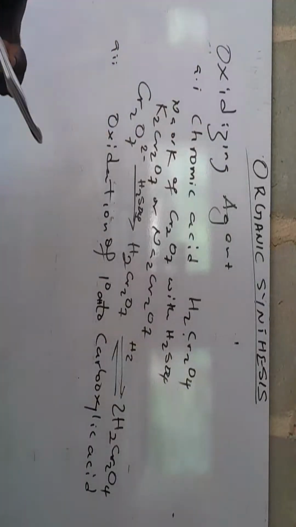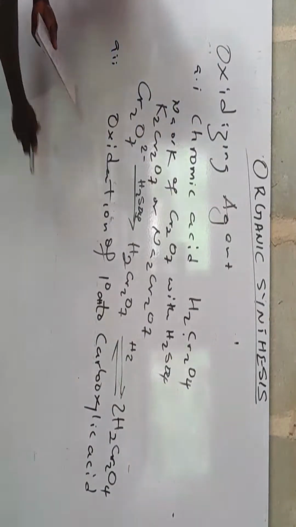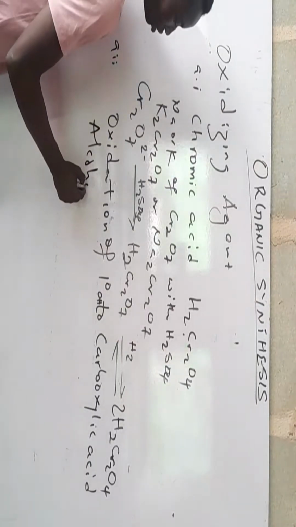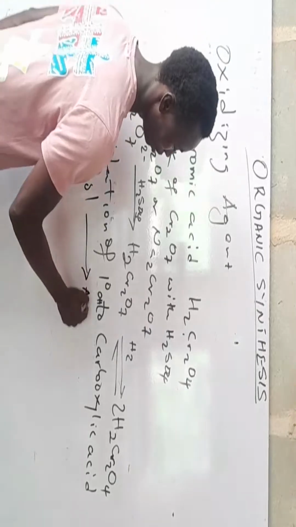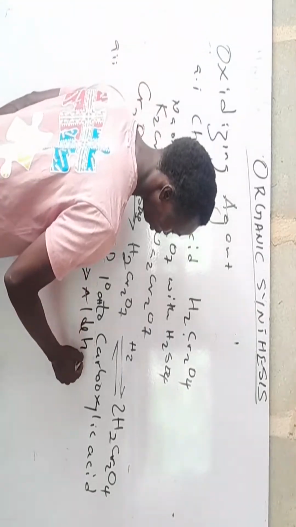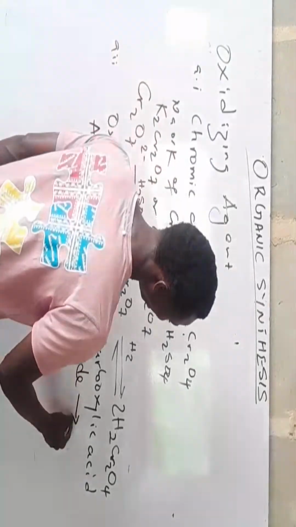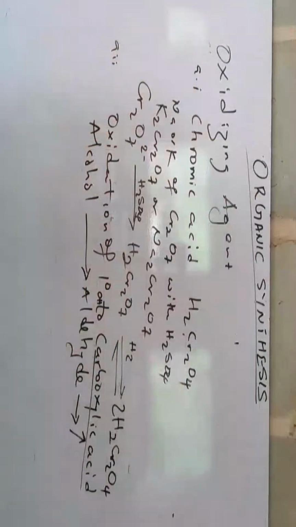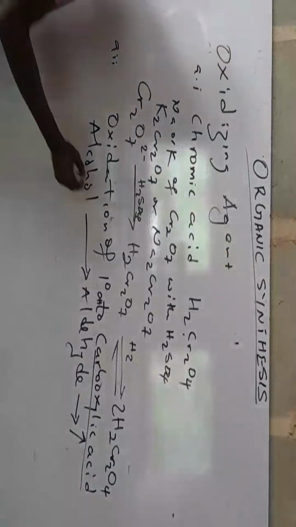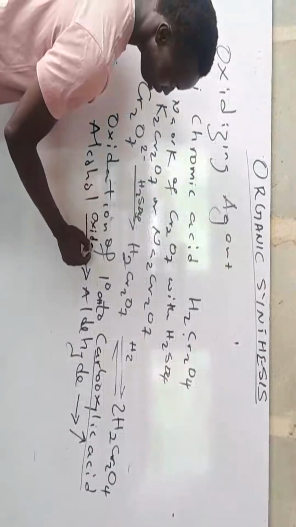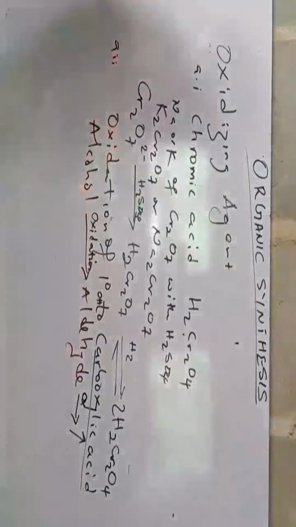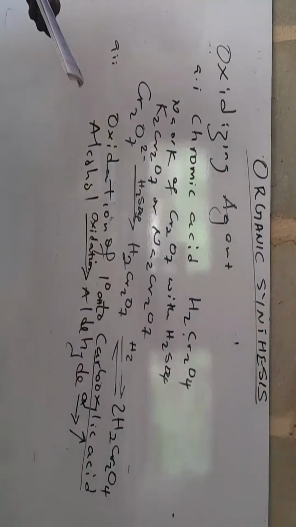Now, here we go. The correct order of the equation is that alcohol can change to aldehyde, which can then change to the carboxylic acid that we have there. So all these processes are oxidation processes. Likewise, this one as well, oxidation process.